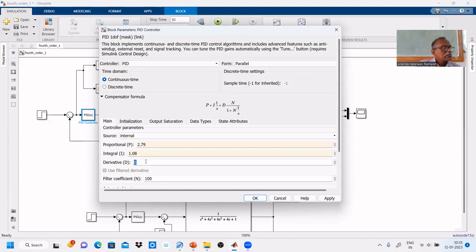Derivative time 0.79 multiplied by TD. How much? 1.8. Proportional 2.79 multiplied by 0.65. 1.8.